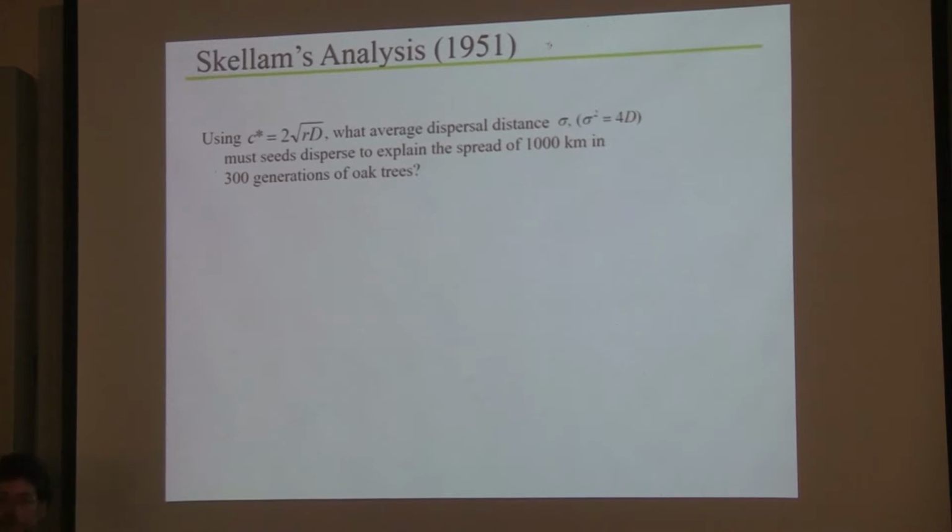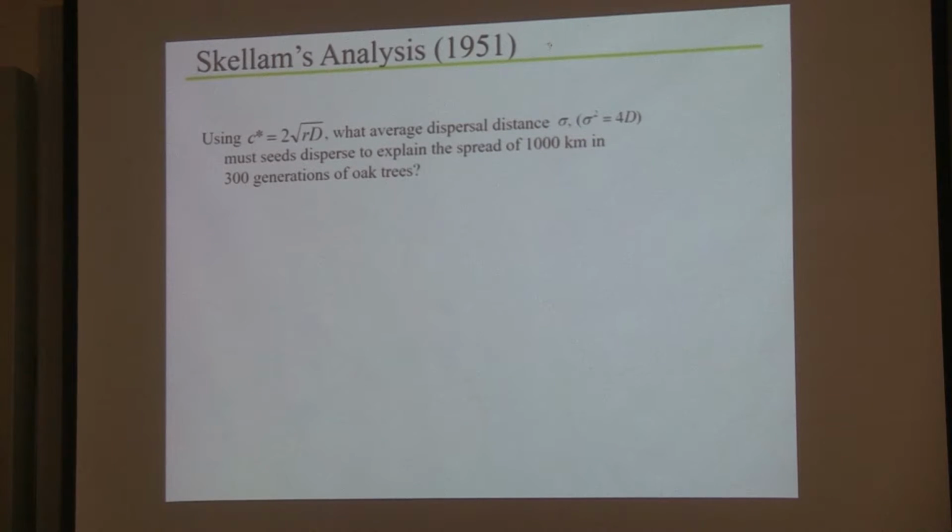At that point, the theory from the mathematicians Kolmogorov, Petrovsky, Piskunov, and Fisher had already been described, and they knew about the speed here. So they said, we know how quickly oaks produce acorns and their average lifespan, so we can compute an R. But we'd like to know about the diffusion coefficient that would have to be in there so as to describe the historical spread.